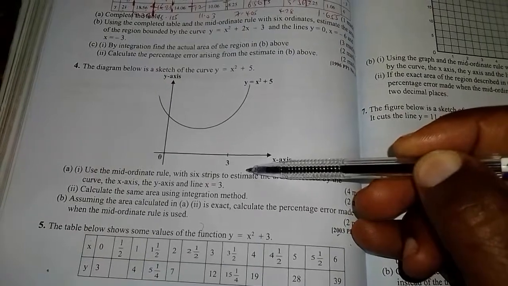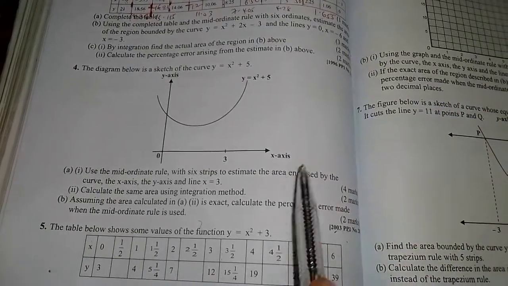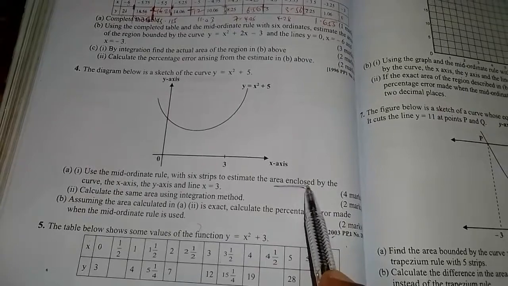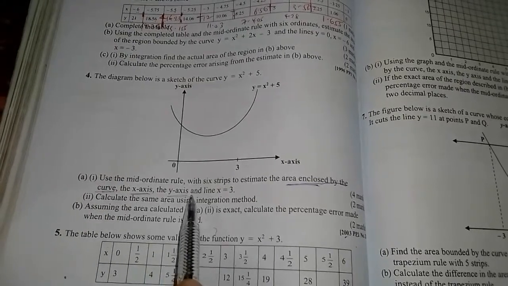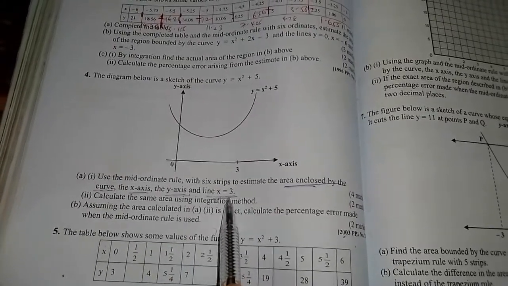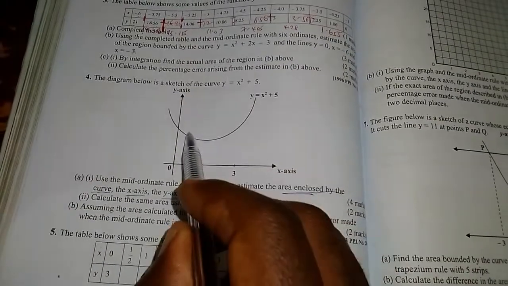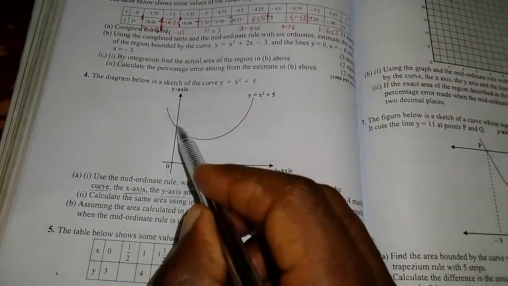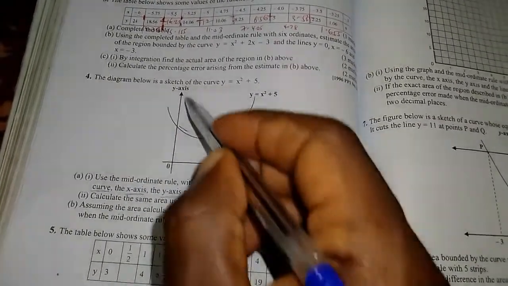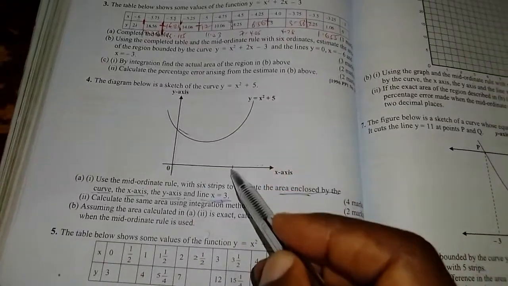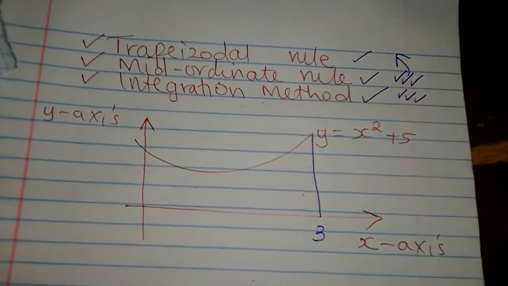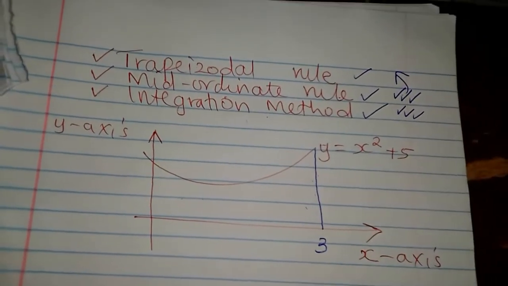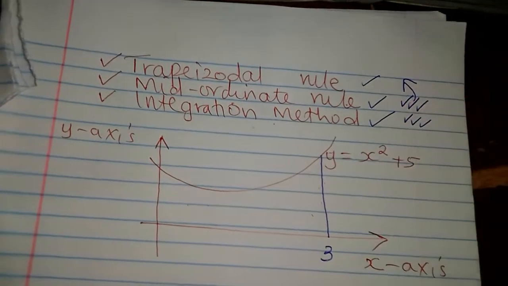But now they're telling us to get the area enclosed by the curve, the x-axis, the y-axis, and the line x equals 3. So I'm going to drop a line here. Let me say this is 3 to be precise, and I may extend this, no problem.